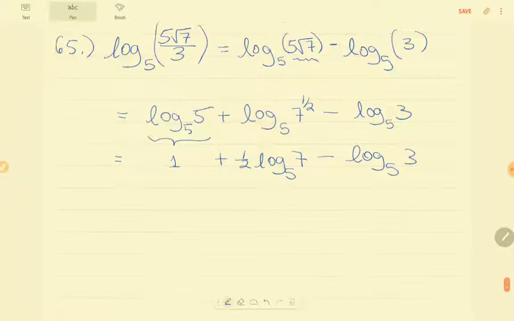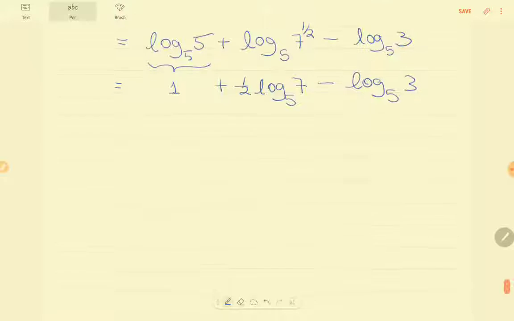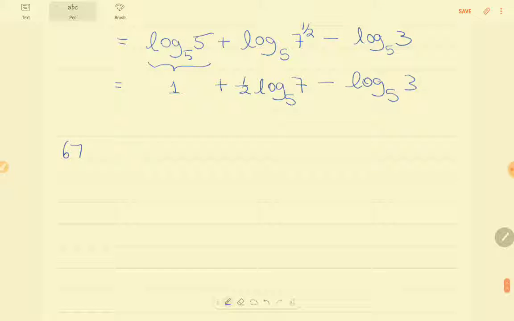Wasn't that fun? So fun. Number 67. Log base 4 of 2x plus 5y. Okay. You might be tempted to try to do this.